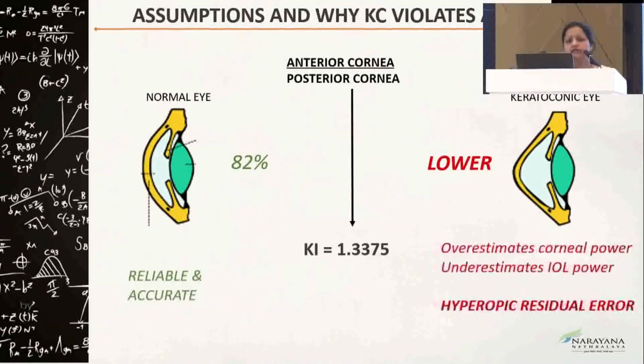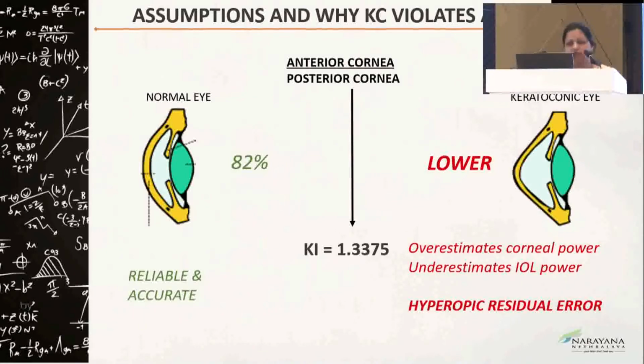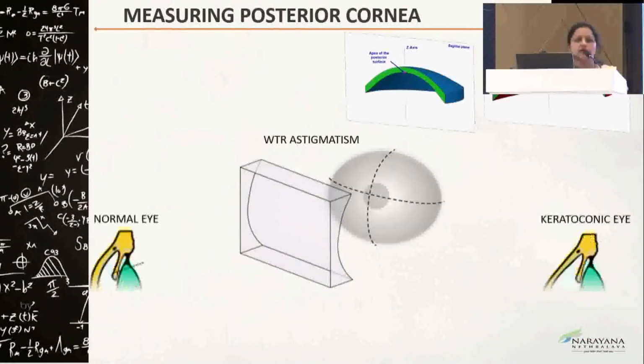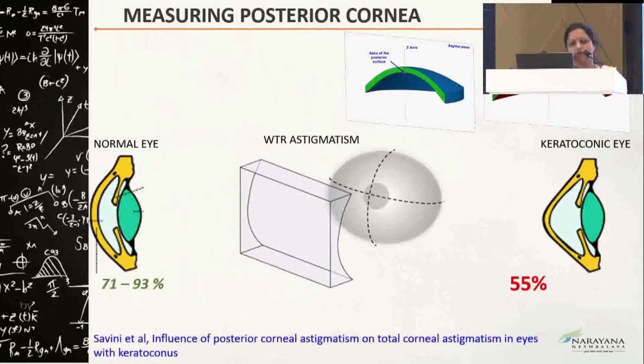One more thing is, the normal corneal refractive index is 1.376, but we use a keratometric index of 1.3375 for all our IOL calculations. This keratometric index will also be altered because of posterior corneal thinning, which leads us to the second most important thing, measuring the posterior cornea.